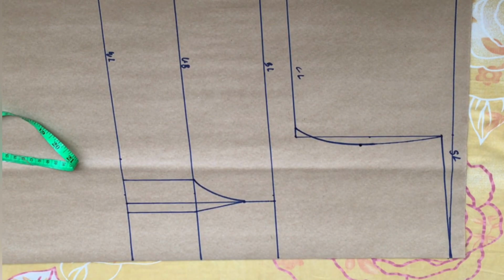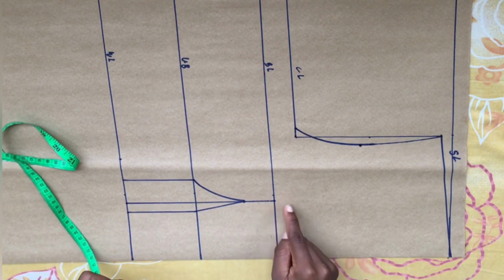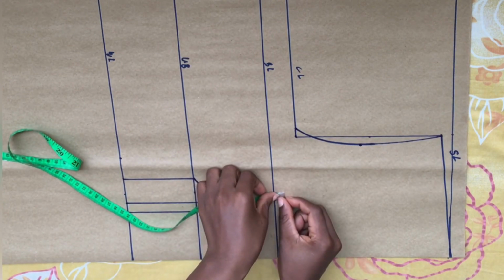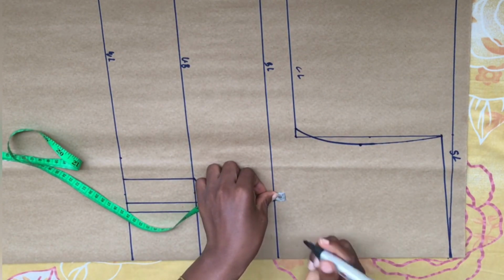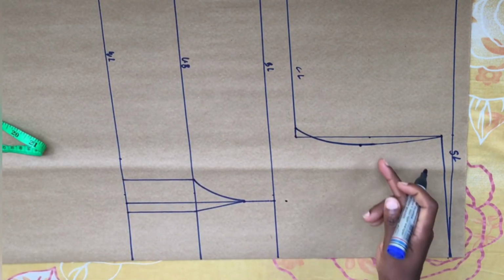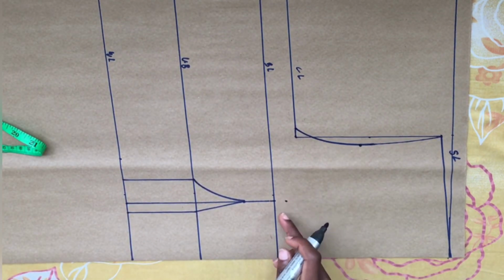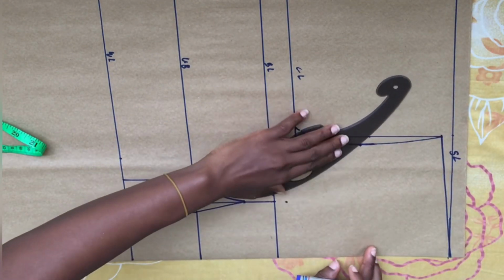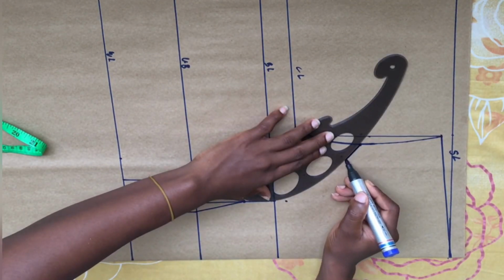Now after doing this, I'll come to the bust point again and go up by ½ inch. We are going up by ½ inch because this is going to allow the boobs to sit perfectly when you wear the dress. Now connect the dots together with the curved ruler.